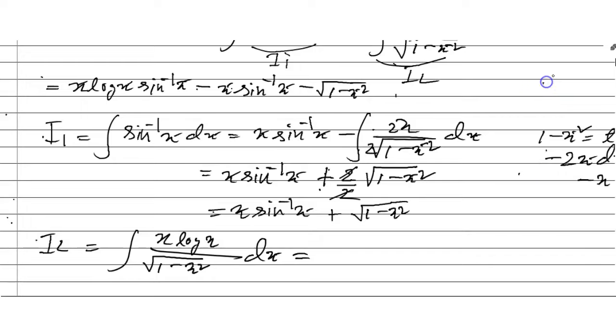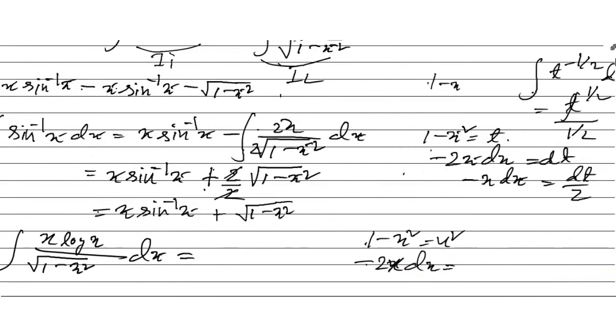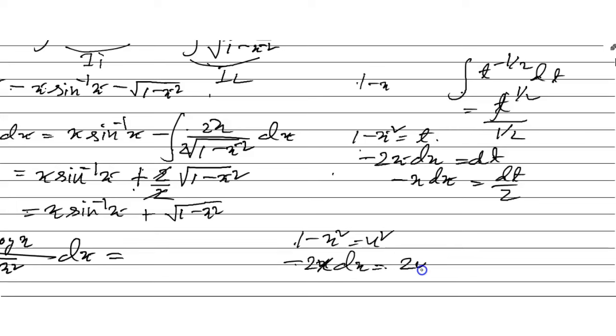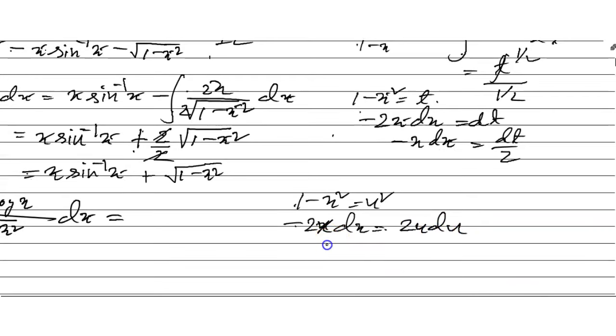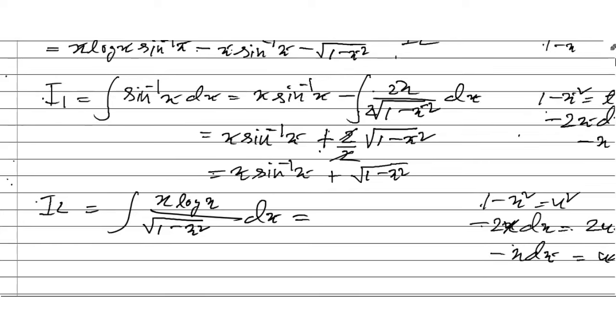Similarly, take 1 minus x square in here. 1 minus x square is equal to u square. So minus 2u... 2x dx is equal to 2u du. So minus x dx is equal to u du.